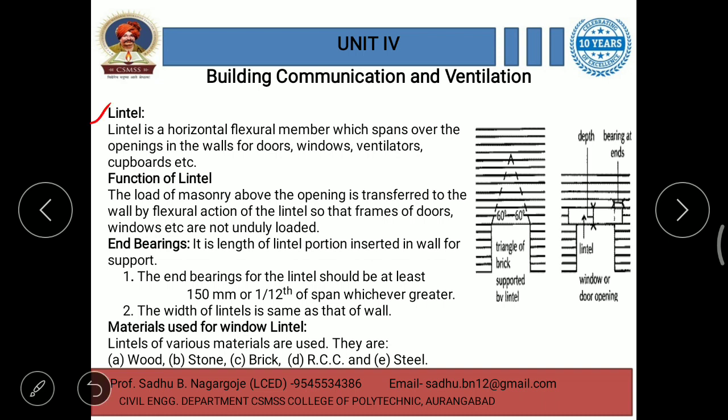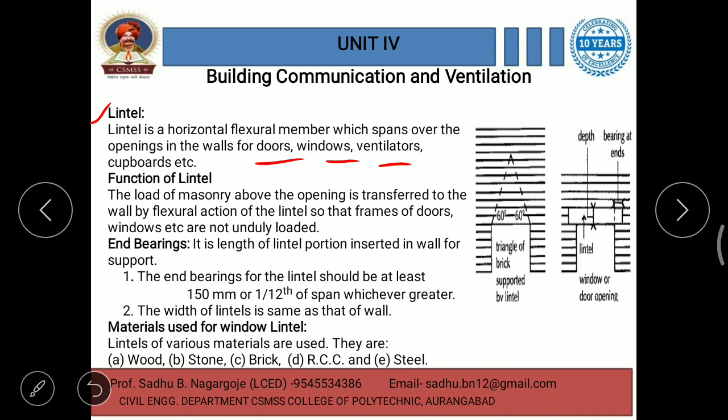So lintel is a horizontal flexural member which spans over the openings in the walls for doors, windows, ventilators, cupboards, etc. Okay, the lintels are basically provided to span over the openings in the walls for doors, windows, ventilators, or cupboards, etc.